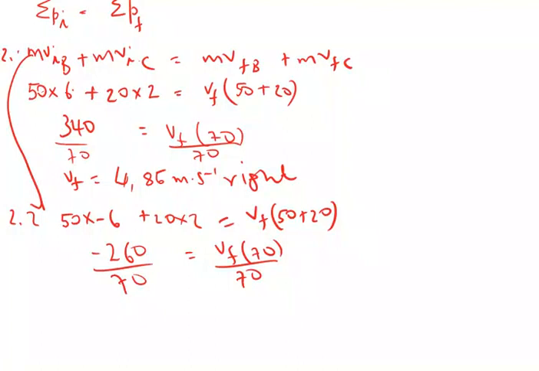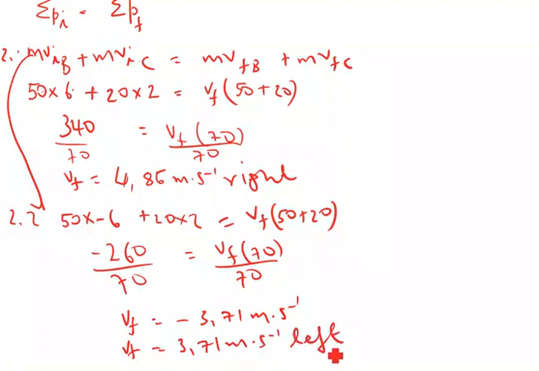Then we get the final velocity, which is equal to negative 3.71 meters per second, which means the final velocity of the boy and the cat is 3.71 meters per second to the left. Then we are done with this question.